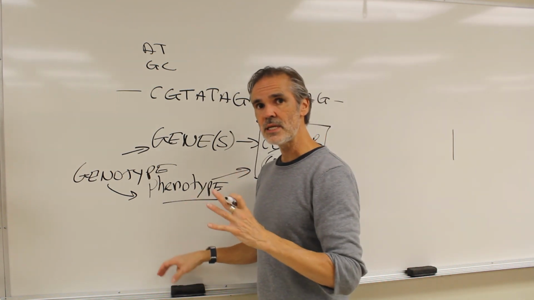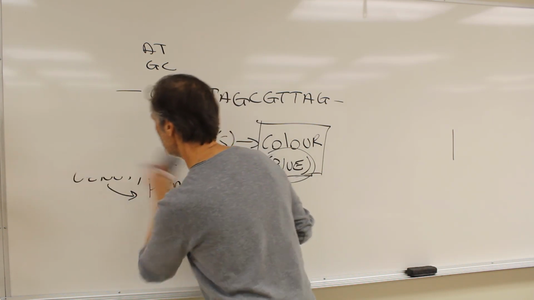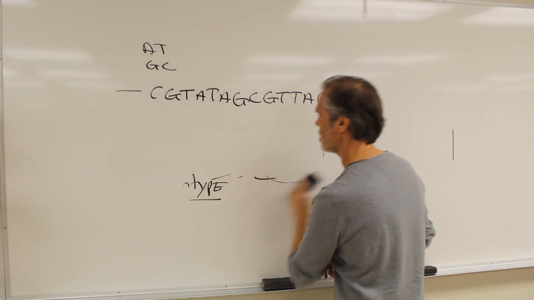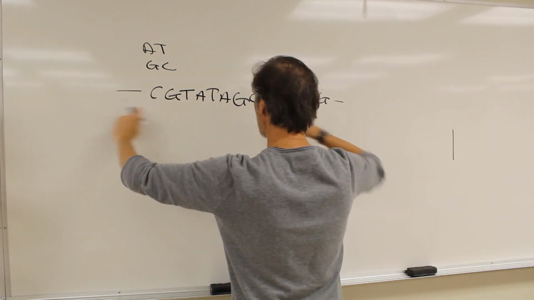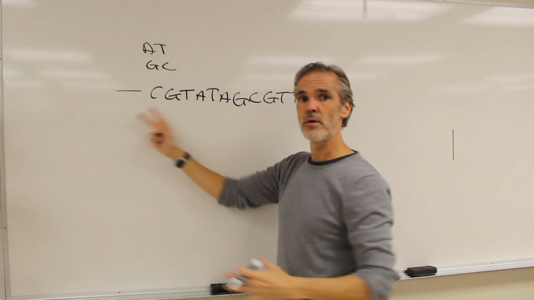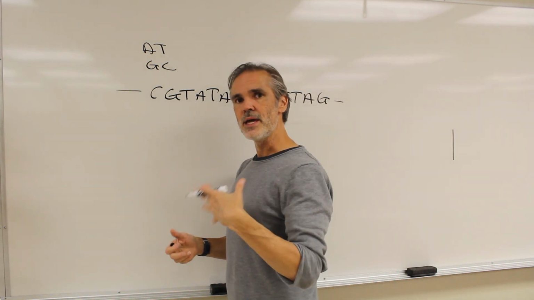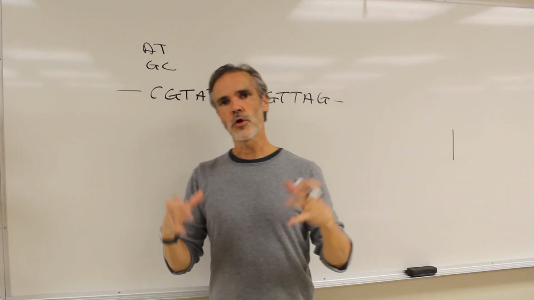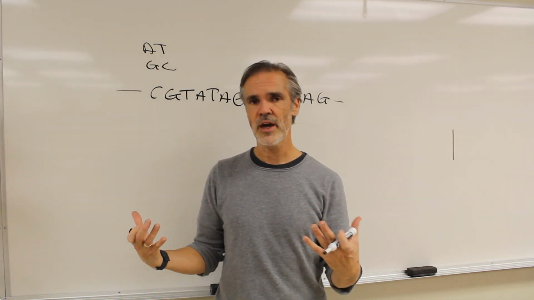Now, let's see what a gene is, and that's an important part. Okay, so let's erase all of this. Let's come back to my sequence here, right? I have my sequence, and that could be a very, very long sequence. In that sequence of DNA, there's part of that DNA that is useless, if I can say it like that.